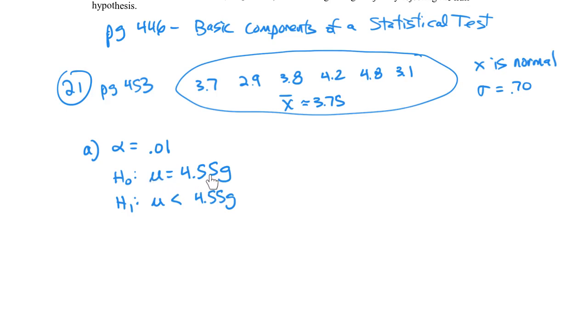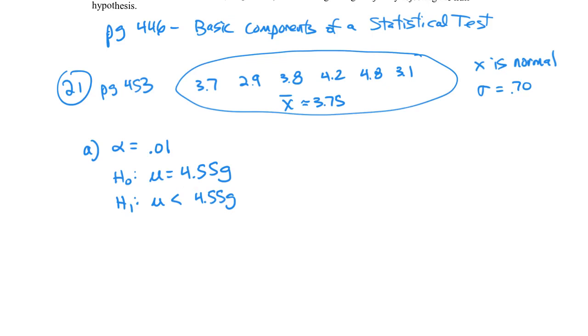But just like in science, if there's evidence that suggests your belief is wrong, you don't get to keep it because you like it. If you're going to be good at science, you need to be ready to get rid of beliefs in light of new evidence. So we're going to go with this unless our sample suggests the alternate hypothesis is true, that the mean is less than 4.55 grams.